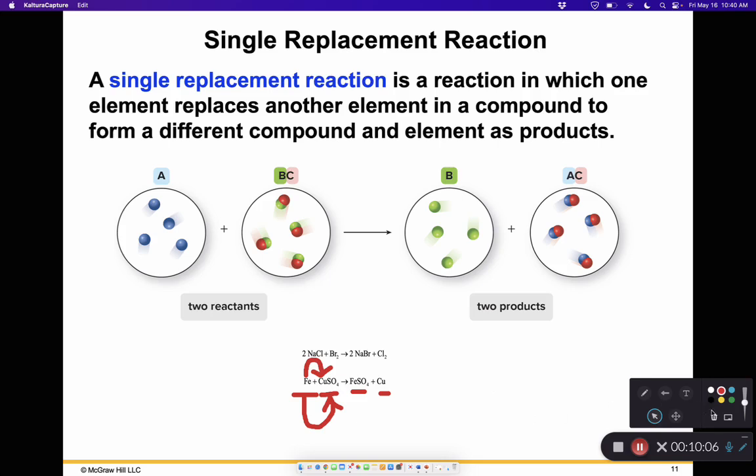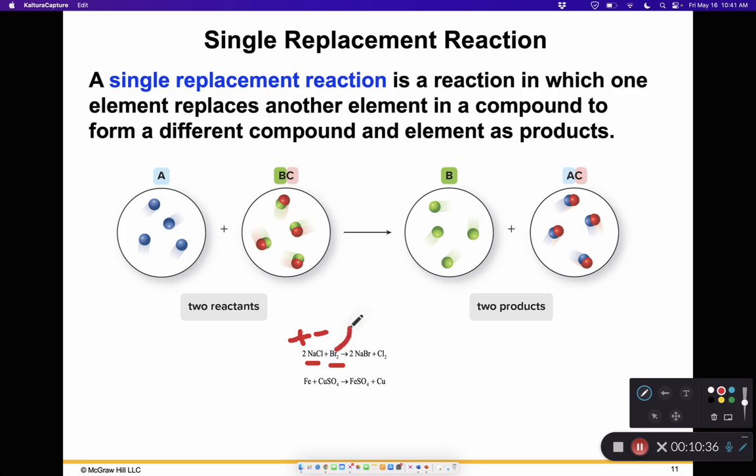So let's look at the other one. We have here sodium chloride and bromine. When these two come together, you can see here the sodium is generally on the metal side, right? It can make a cation. The chlorine is the non-metal, so it makes the anion, right? Something that we learned in an earlier chapter. We use that information here. And now bromine is another non-metal.